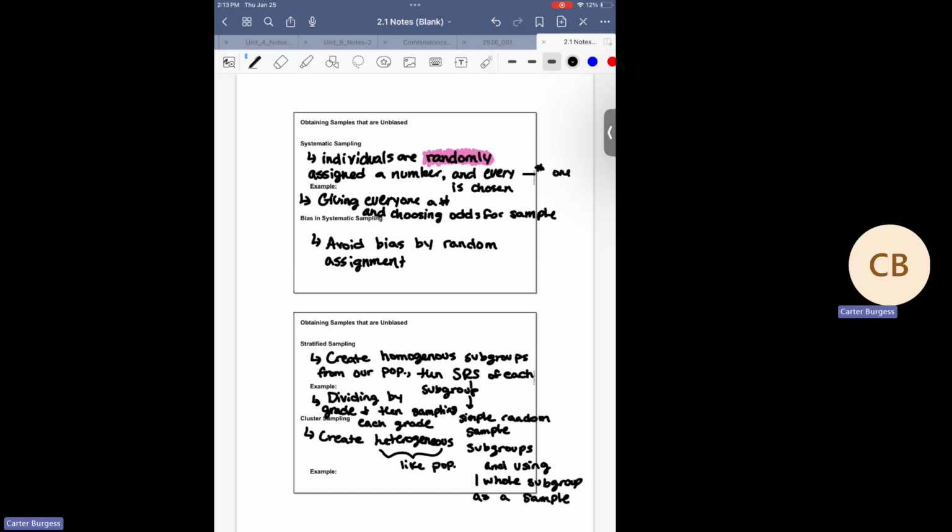Again, this is generally because it's convenient. How might we see clustered sampling? Maybe we want to make some kind of statement about what's going on with Collierville schools. And so we look at Bailey Station and use all of Bailey Station as our sample. Mostly just because it's convenient. It's already kind of subdivided for us.